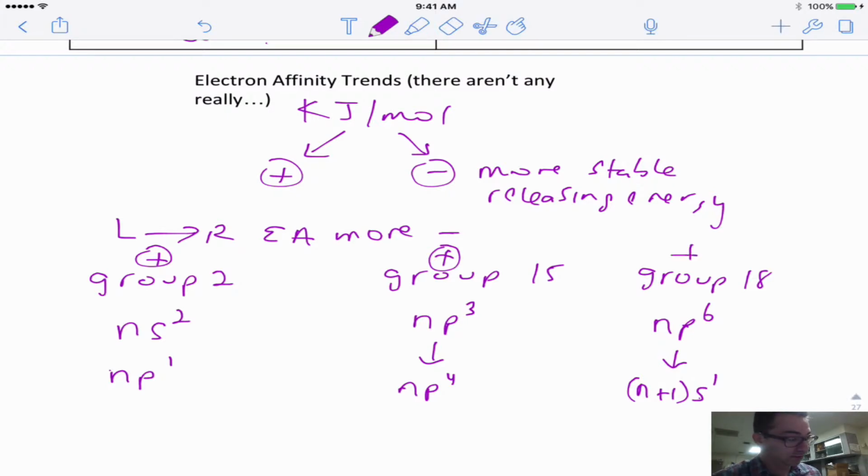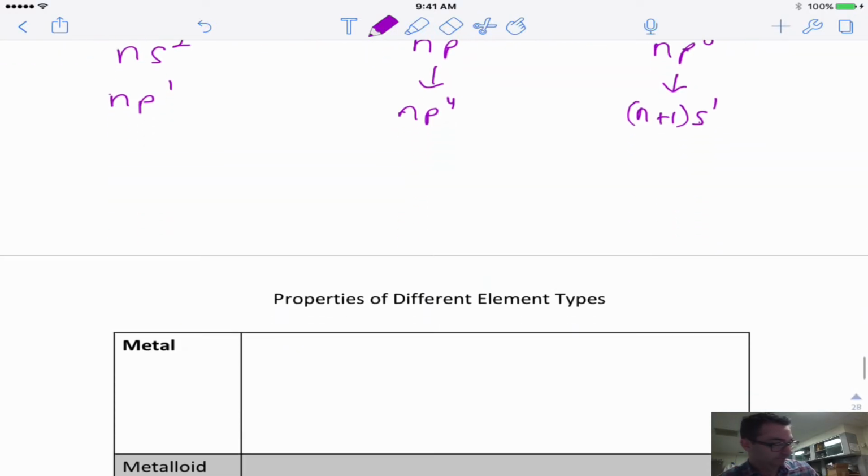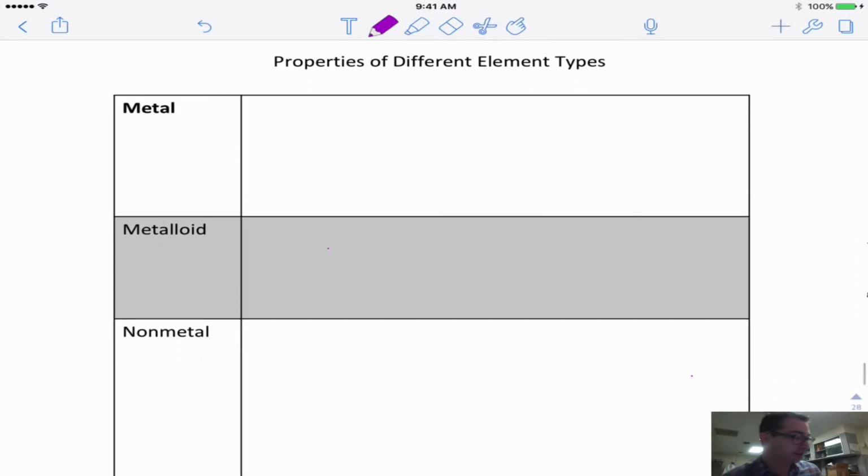This is one of the main reasons why the group 18 elements don't gain electrons. Remember we talked about with ionization energy why they don't lose electrons. It's because they have such a high effective nuclear charge. Well, why don't they gain electrons? Well, that has to do with the idea that it takes energy to put them into the next higher energy level.